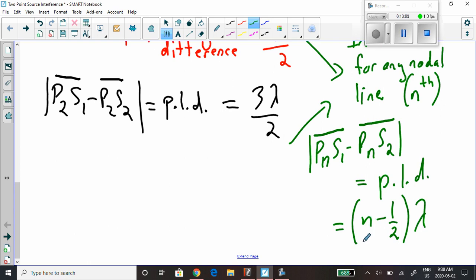So if you put a 1 in here, 1 minus a half gives you a half. First nodal line, lambda by 2. Second nodal line, put a 2 in here. 2 minus a half is 3 halves, 3 over 2. Put a 3 in here, and you get 5 halves, I beg your pardon. So it would be 1, 3, 5. Always has to be on the half to be destructive interference.